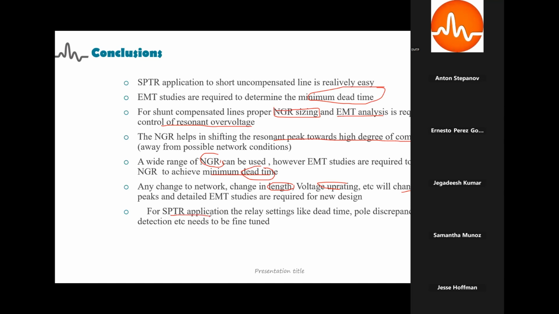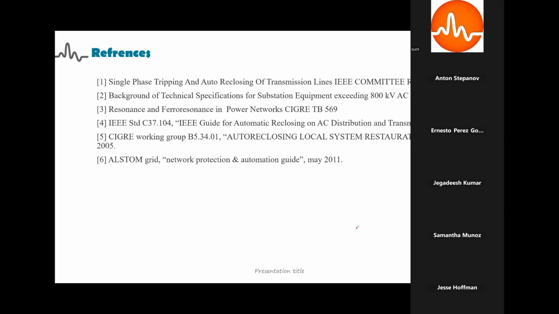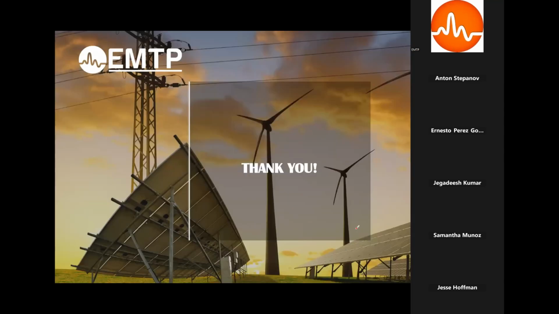In addition, the relay settings have to be fine-tuned, like dead time, pole discrepancy, and other settings, to enable single pole tripping and auto reclosure. So I think we come to the end of this session.